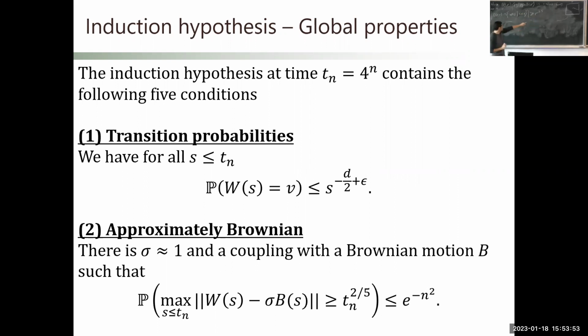So a little bit more than R squared. A block is called heavy if the cyclic walk up to time T has visited more than R to the 2.5 many vertices inside.